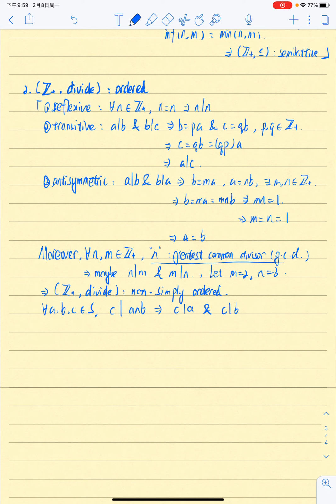If C can divide the common divisor of A and B, then C must be able to divide A and B. So this is a semi-lattice.